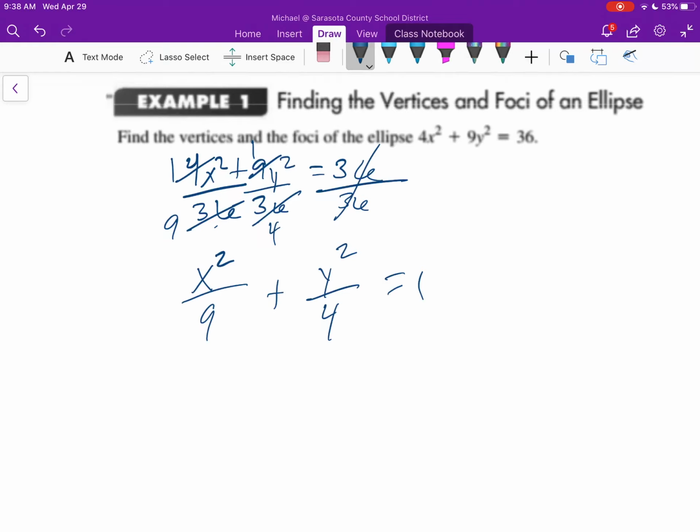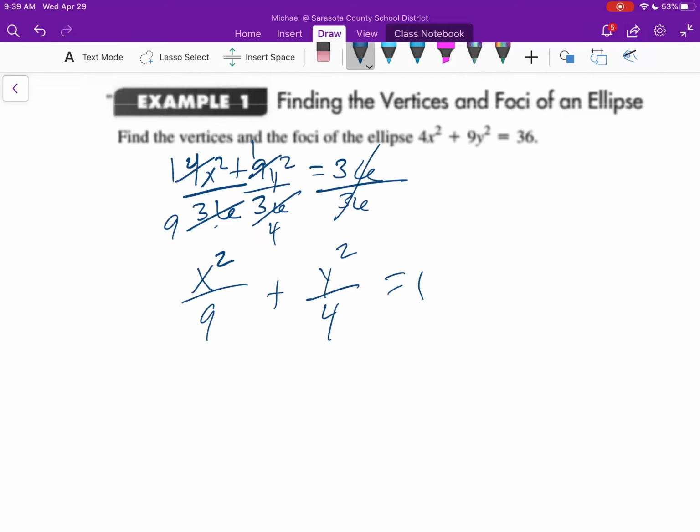And the major axis will tell us if it is horizontal or vertical based on whether it's under the x or the y. And so since the greater number, 9, is underneath the x, that means it's going to be represented horizontally in this particular case.